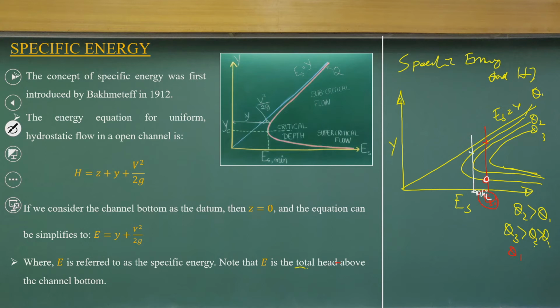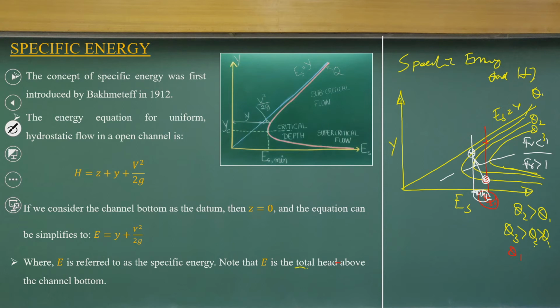So, we will have a point that is the subcritical flow. This region has a Froude number greater than 1, and this one has a Froude number less than 1. So, the flow jumps from supercritical to subcritical, this is the direction of flow, and there is an energy loss of HL.